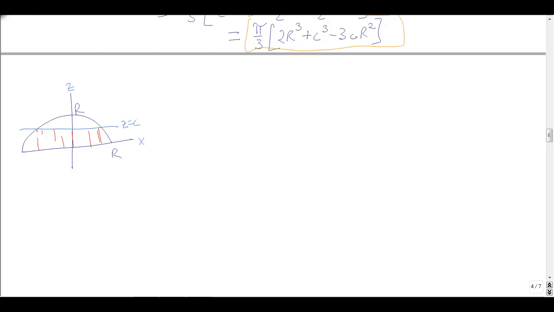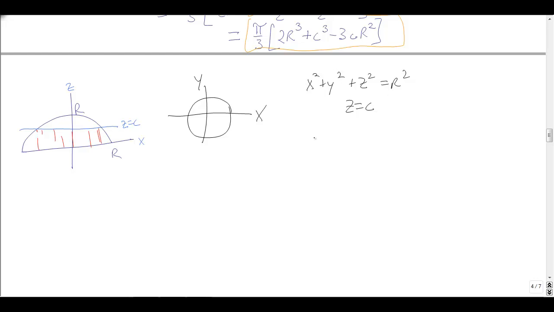And so what I'm going to get as my shadow is really a circle here. Now the radius of that circle is really what we want to know, and that's when z equals c, and we're on the sphere. So we have to satisfy x squared plus y squared plus z squared equals capital R squared, but also z equals c. So we want to find the radius of this.